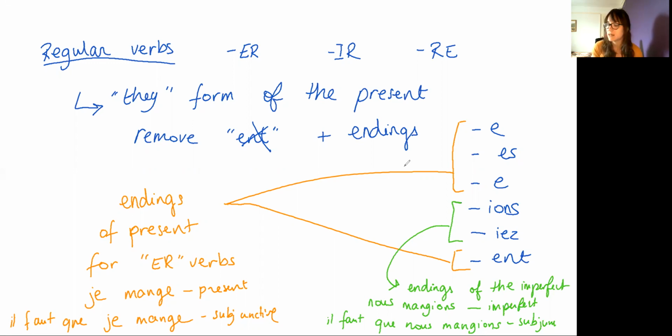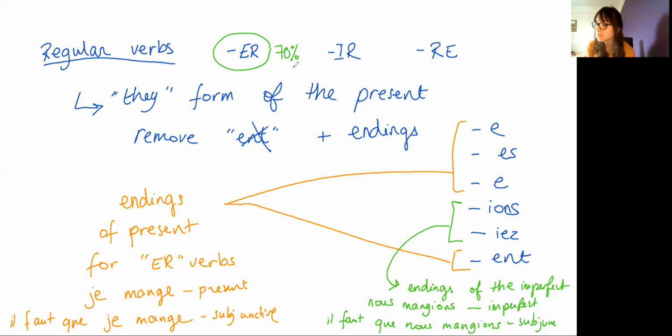The reason is that approximately 70% of the French verbs finish in ER. That means you could be confused between the subjunctive and 70% of the French verbs in the present tense.